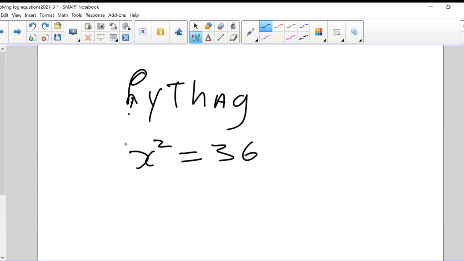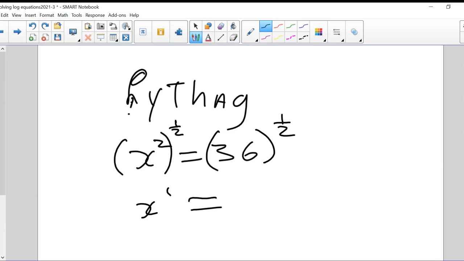In effect, you were raising x squared to the half, and raising 36 also to the half. The x squared to the half gives you x to the power of 1. You really didn't realize you're doing that. And raising 36 to the half means the same thing as finding the square root of 36, which is equal to 6.